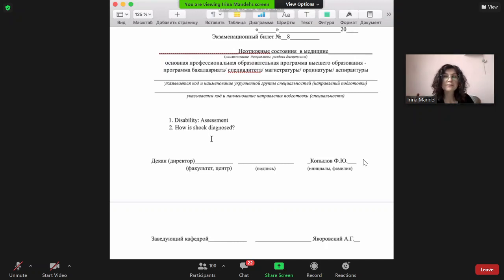You can take the D-dimer, and if it's high, you'll suspect pulmonary emboli.